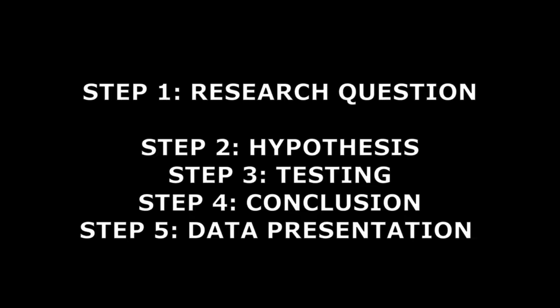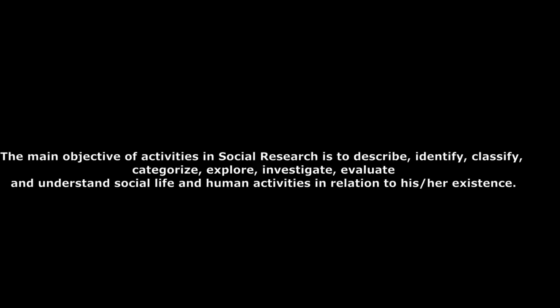What are the steps that we follow to investigate human behavior like crime? Those steps are called the scientific method, or the method of social research. The methods are broken down into 5 main steps.